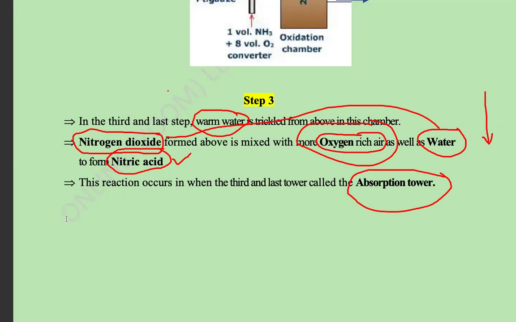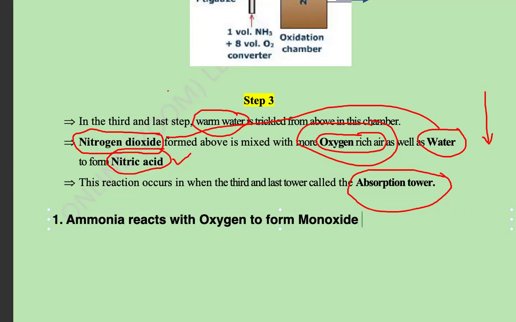Simple step, isn't it? So, with your book closed, wherever you're writing, you can pause this video and try to go through. So the first one: ammonia reacts with the oxygen in air to form monoxide of nitrogen.